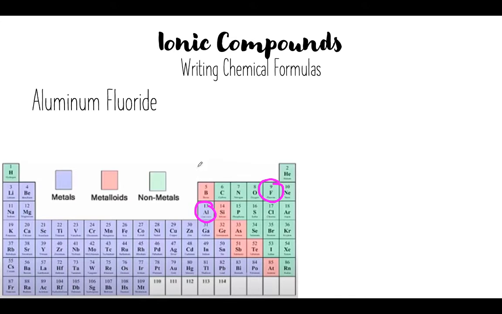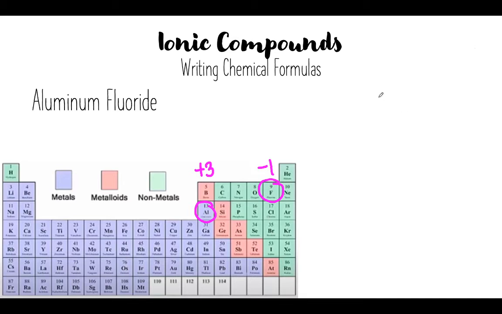Aluminum is in group 13, and I know from my previous knowledge that the charge of aluminum is +3. I know that because every element in group 13 has this charge. Similarly, fluorine is in group 17. It has a -1 charge. All right, so let's write this information out. What we're doing in chemical formulas is writing out this compound according to its element symbols.